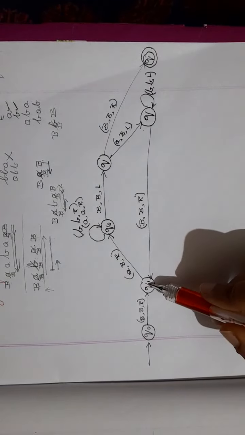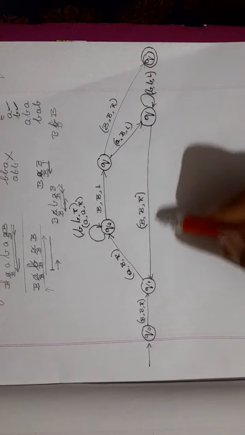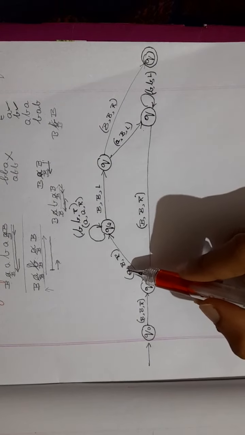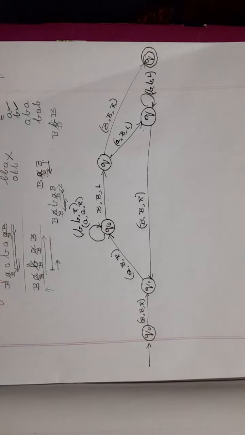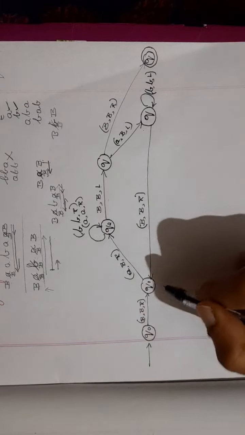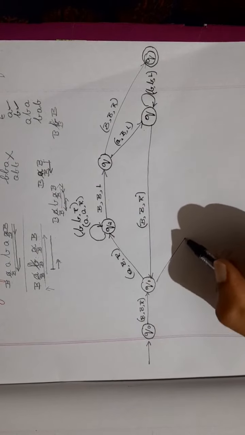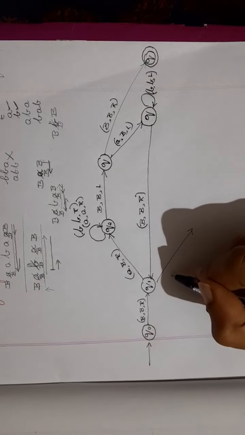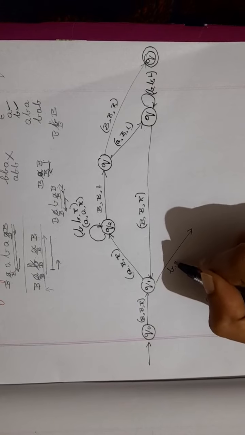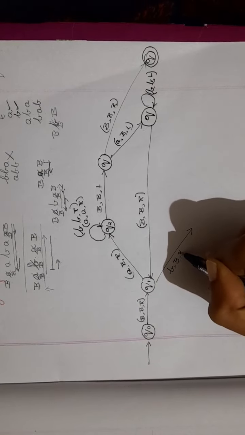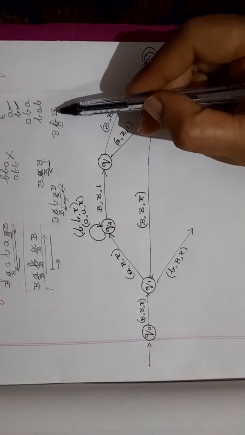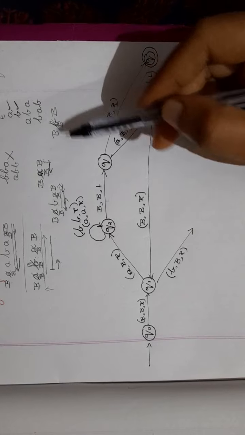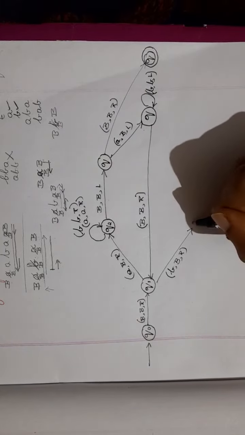So from Q1, this transition is with respect to A. The same transition I'll take here with respect to B. That is, if I am reading B, I'll change it to B and then I will move right. Next, if you have B, keep it as B itself, move left. So similar to this one. So this is the next state.